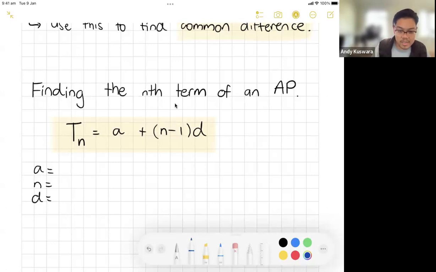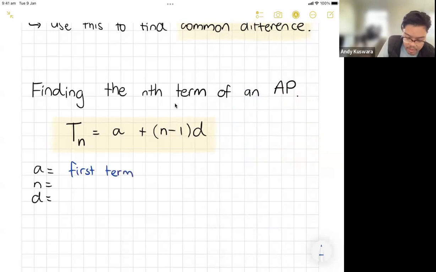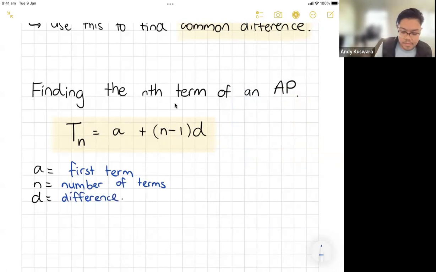The formula says Tn equals A plus (n minus 1) times D. From now on, whenever you see A in series and sequences, A represents your first term. N represents your number of terms. And D makes the most sense: it's your common difference. So just remember that that's what these letters mean.